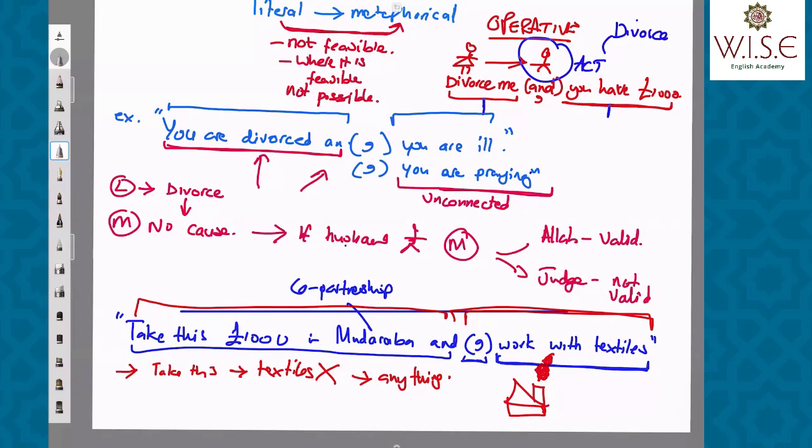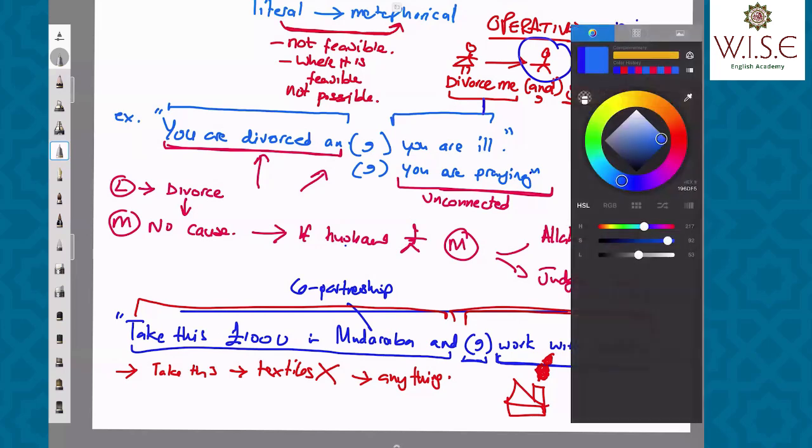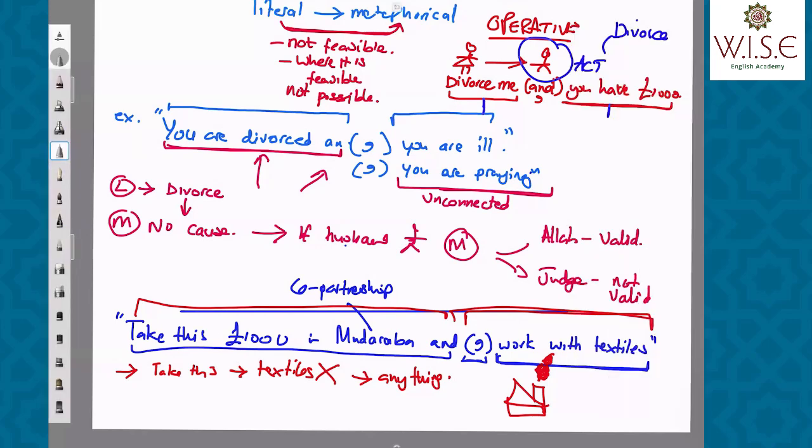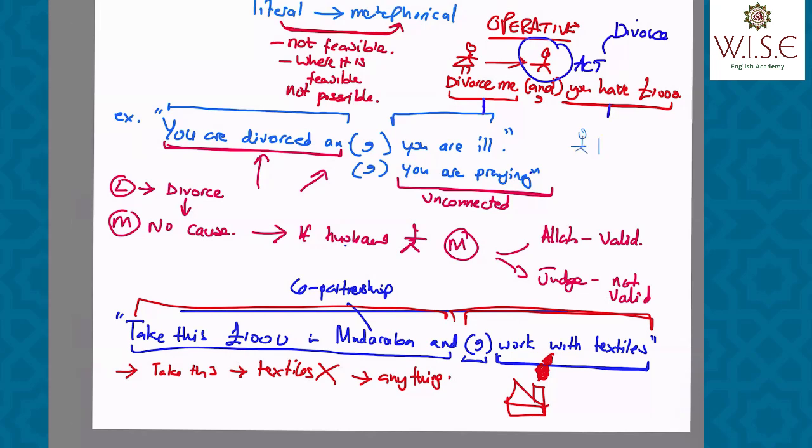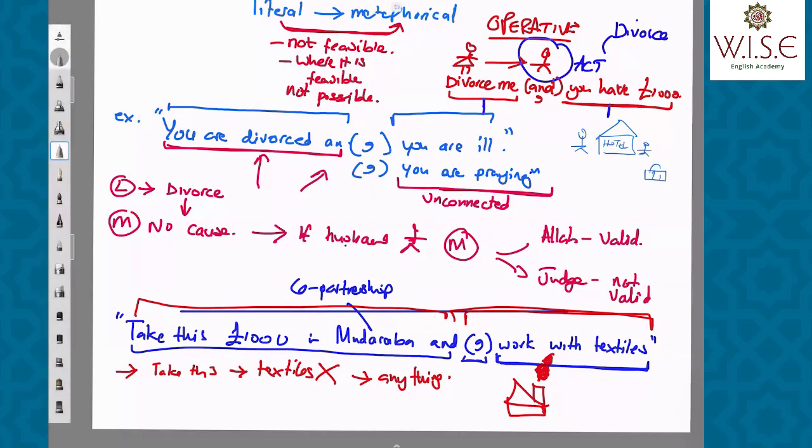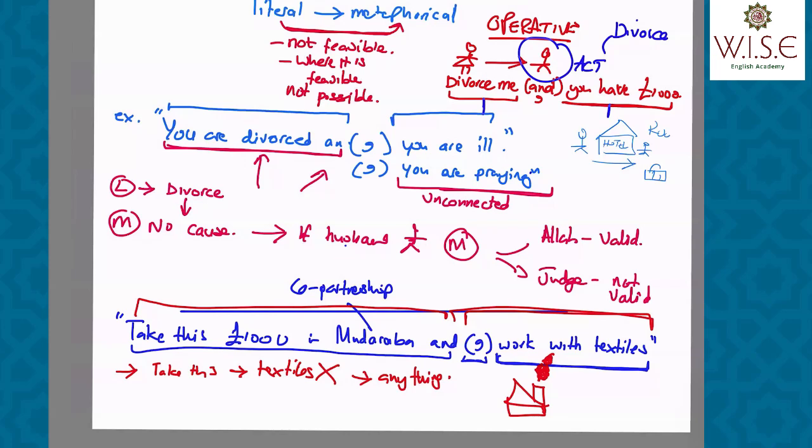Now let's just take a similar example and look at the difference to really make this clear for us. Now this is in the case of divorce. We look at the circumstances. We say it's different. But for example, say a man walks into a hotel and he sees a porter, someone who carries suitcases for you. He carries the suitcase to your room for you.